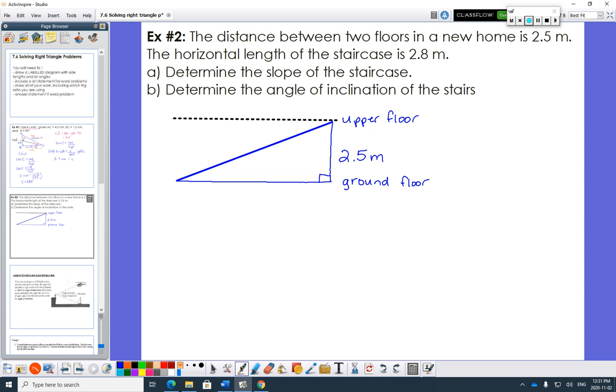So horizontal is along the ground, okay? This is not horizontal, right? That's diagonal, okay? So sometimes the wording can be weird. So the horizontal length has to be horizontal, not diagonal.